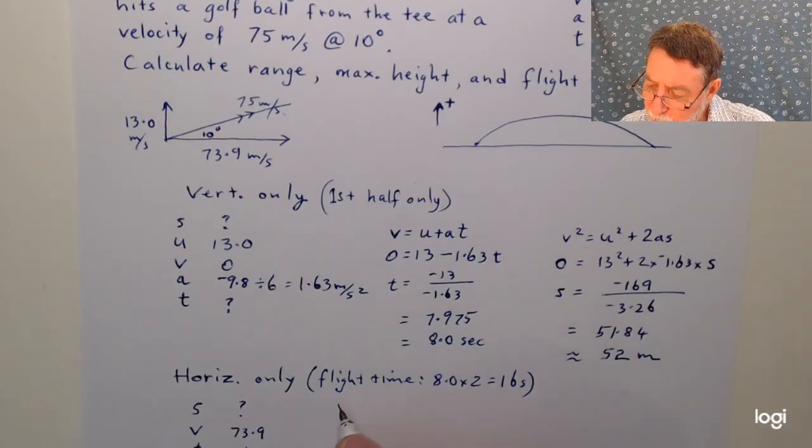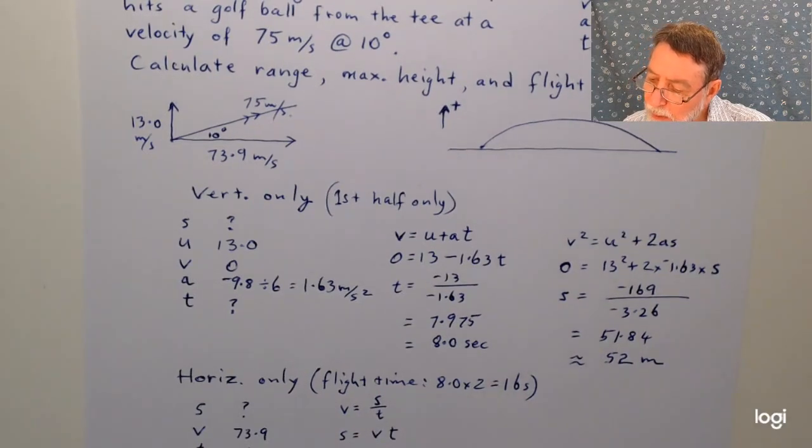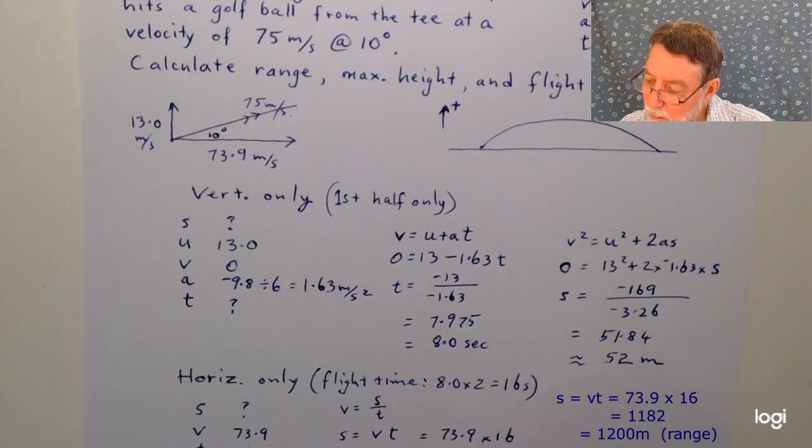Now the one I always remember is V equals S over T. It's kind of what the definition of velocity is. But we want S, so S equals Vt, just putting the T over with the V, and we get 1,182, and I'm going to round this up as well and call it 1200 meters.